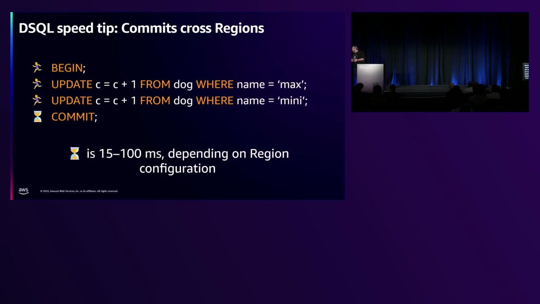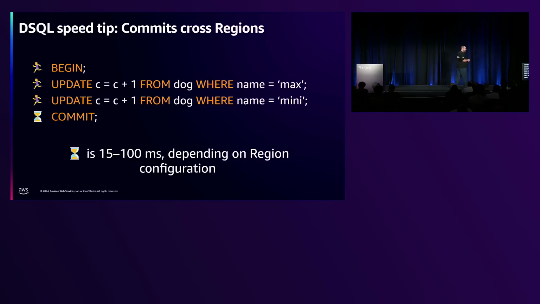So when I say slower, how much do I mean? Well, I mean about 15 to 100 milliseconds, depending on region configuration at commit time. And so if you look at the region configuration we support for the preview that you can try out now, that is in US East 1, and US East 2 with what we call a witness region in US West 2.